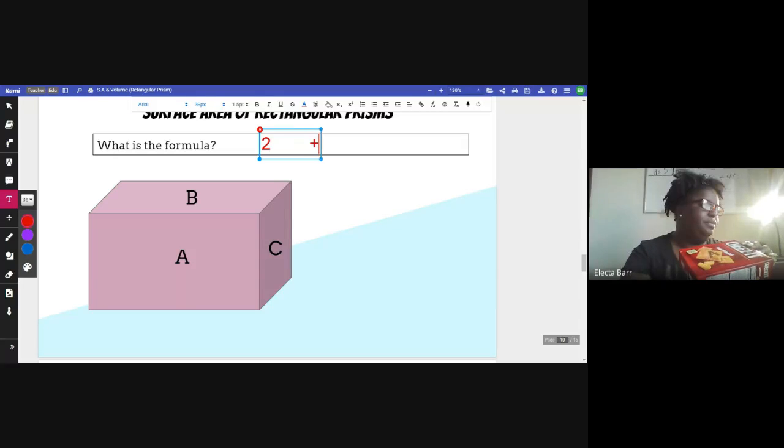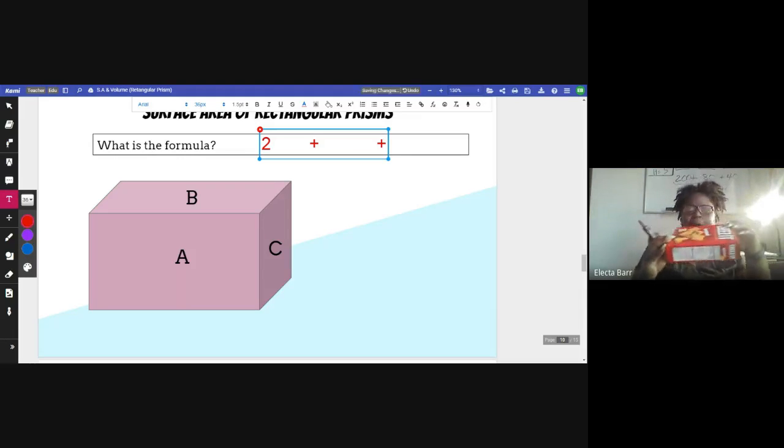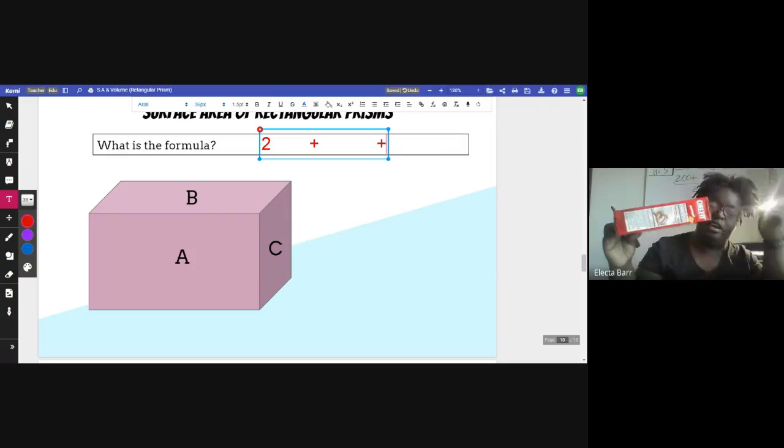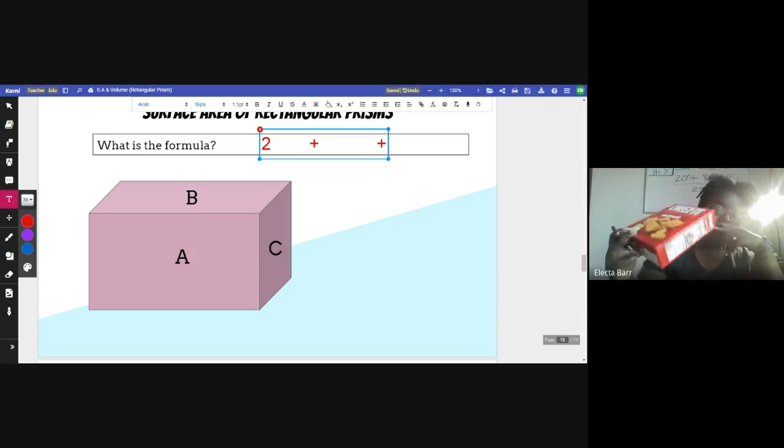Then let's find a part B. Let's say my part B is this right here. So I'm going to write part B here. Now, where is the other part B on this rectangular prism?